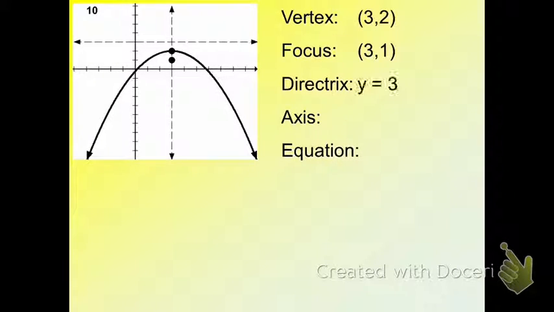Y equals 3. Casey, what is the axis of symmetry? X equals 3. Trent, what is the p-value? Okay, positive or negative 1? Negative, because it's facing down.